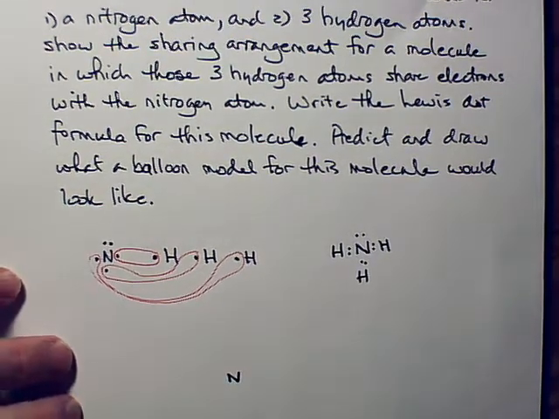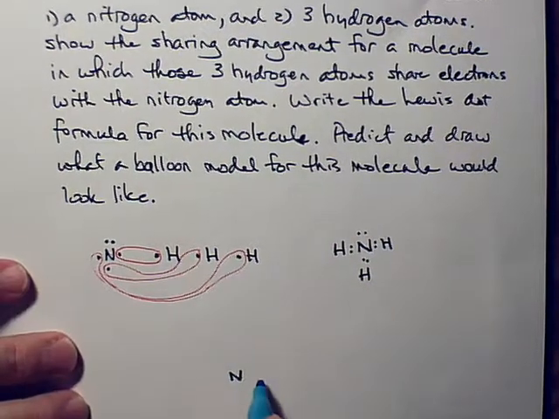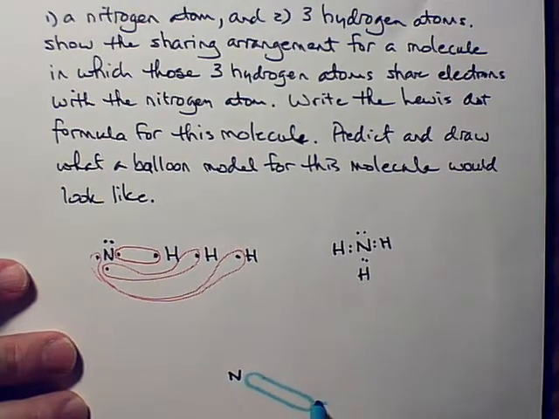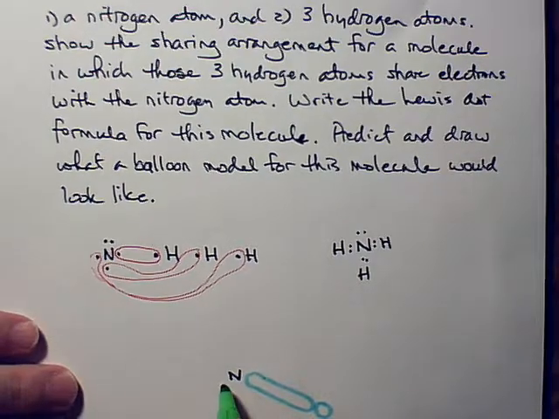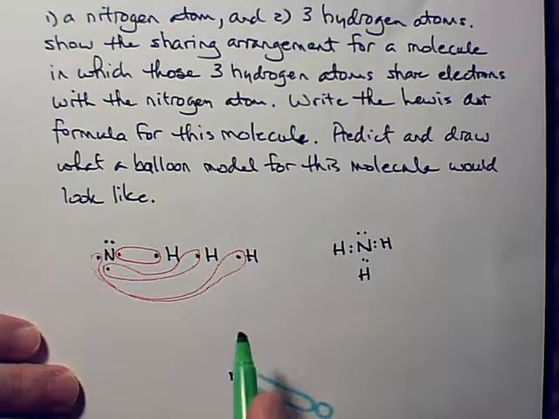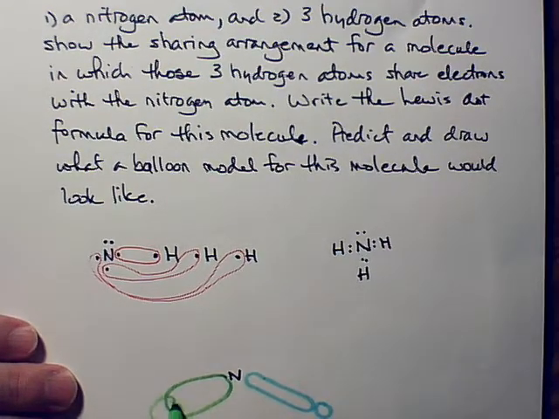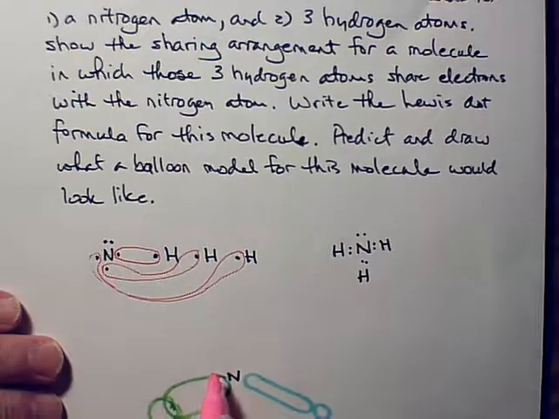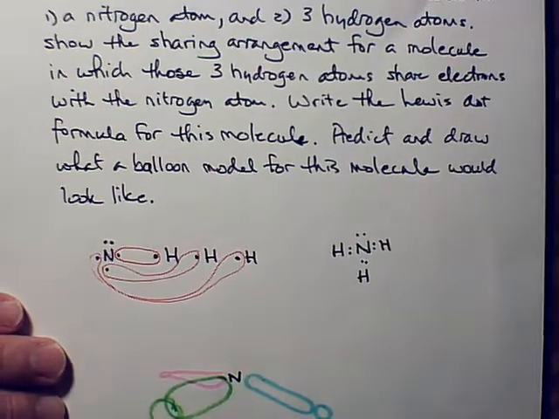So if I need 3 bonds, the best way to arrange that is I have a bond coming out here like that. Now hydrogen is going to be out here in the end, and I've got to have a bond that's swinging out kind of toward you. All right, and there's a hydrogen coming out here. I got to have a bond that kind of swings back here. Oh, tiny hydrogen back there.